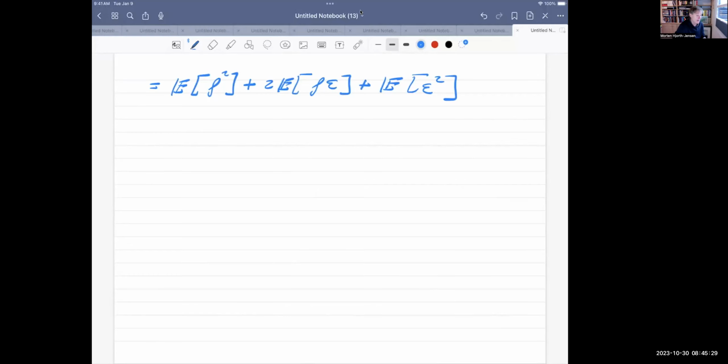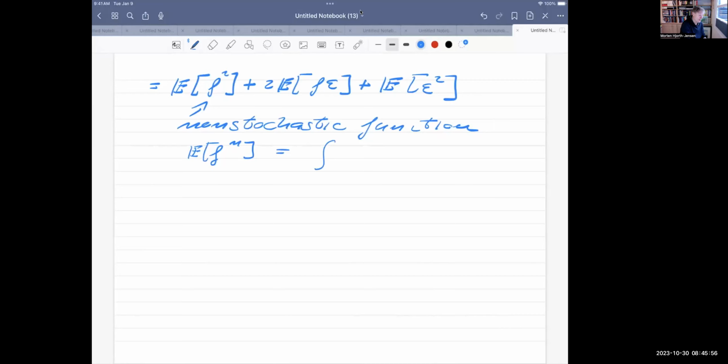Now, remember again that f is a non-stochastic function. So that means that the probability distribution which we have at hand does not affect f of x. If you look at this expression here, the expectation value of f, or a given moment of that one, is going to be given by an integral over z over some domain.